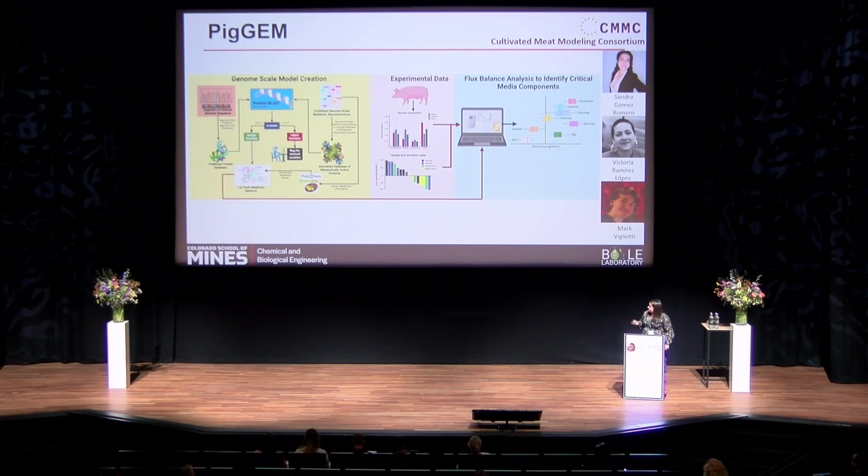And then a big part of this is the experimental data. So the experimental data really determines how accurate your metabolic prediction is. So we'll talk about that in a little bit. And then what we can do is run it through the simulation and identify the components that are the most important for media or optimized ratios and things like that.